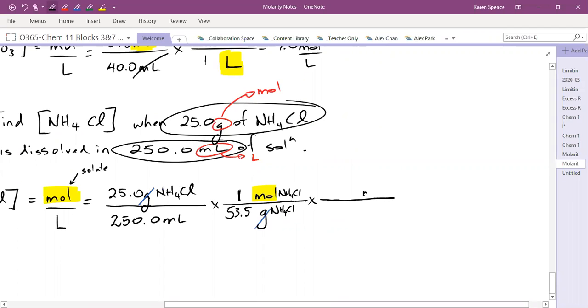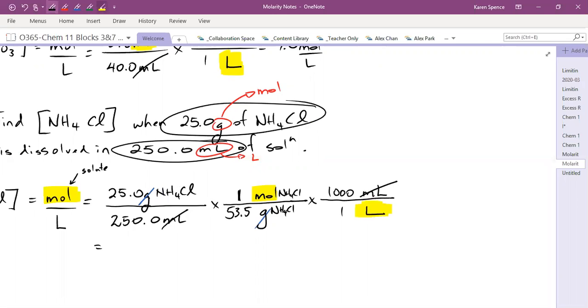It's on the bottom, so we need to put it on the top to cancel out. And we want to have liters on the bottom. And we know that there are 1,000 milliliters per 1 liter. And when we do all of that, all we're left with on the bottom is liters.